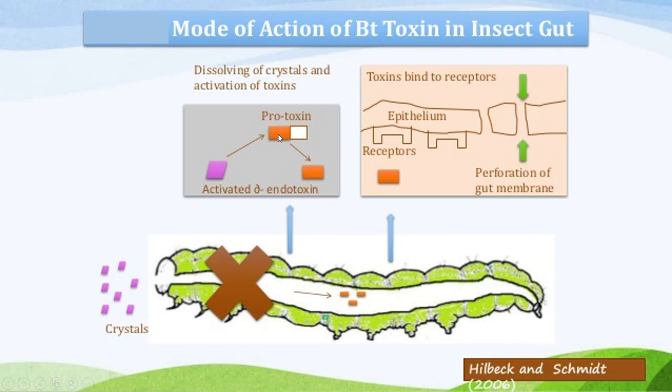With the help of proteases in the insect midgut, it gets cleaved, and the active toxin is released. This active toxin will then bind to the receptor in the midgut. Once it binds, it forms pores in the gut membrane, and then it will kill the larvae.